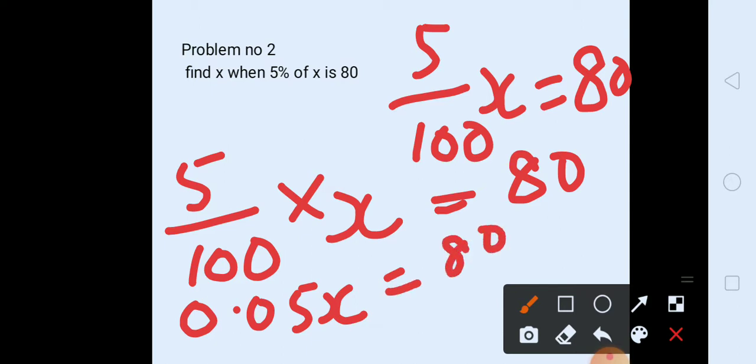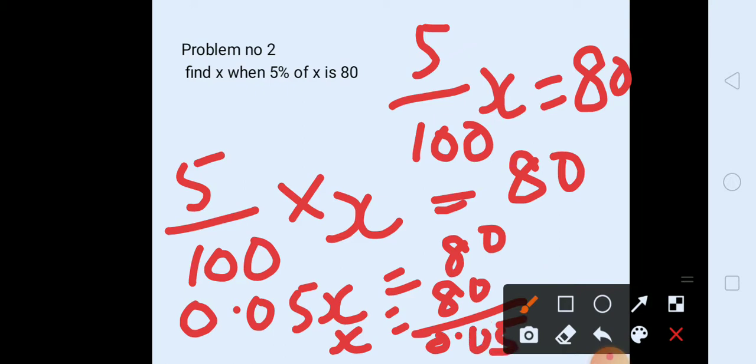Now x is equal to 80 divided by 0.05. How much is it, students? 1600 is the answer.